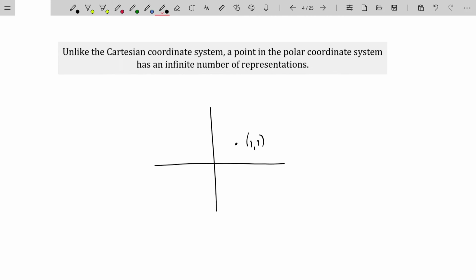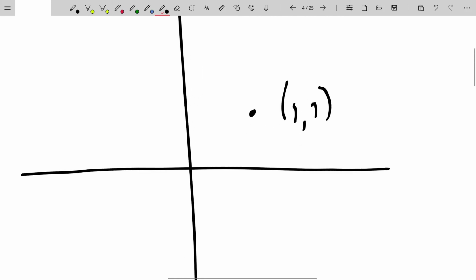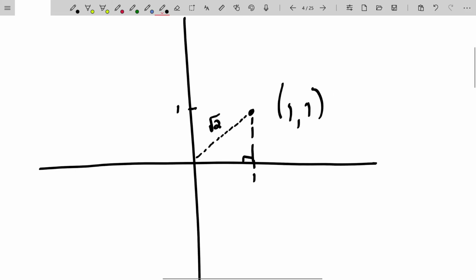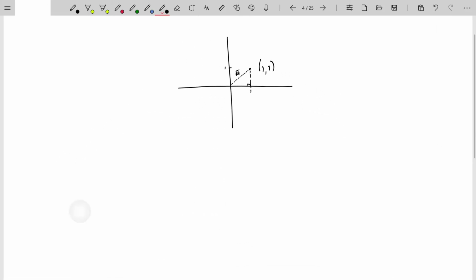But in the polar coordinate system, we could say, well, that distance right there, if you told me the x value was 1 and the y value is 1, I could use the Pythagorean theorem and tell you that distance is √2. So in the polar coordinate system, I could get to that point by turning through an angle of pi over 4 and stepping forward √2 units.